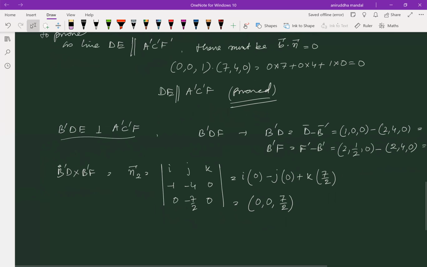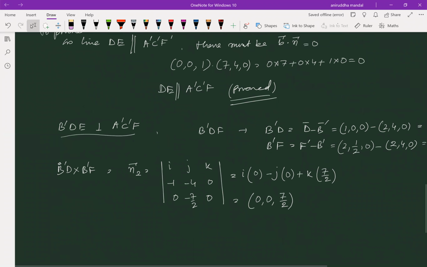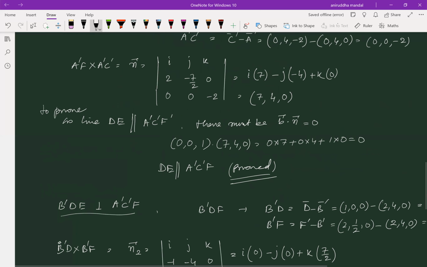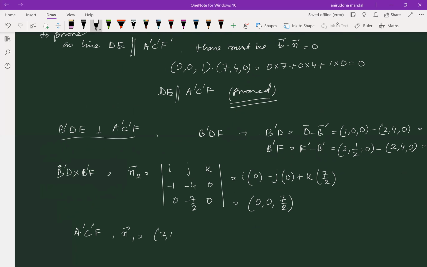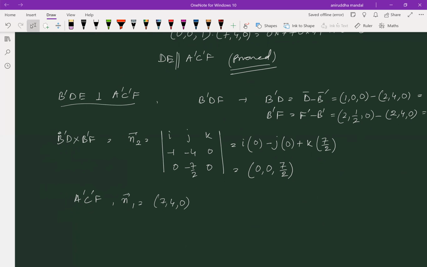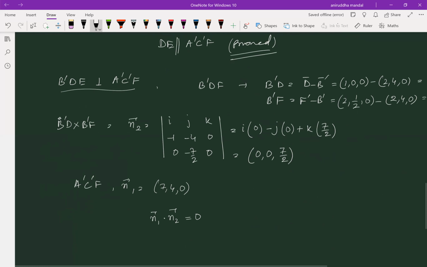Now n1 vector we have already found out. Our first n1 vector is (7, 4, 0). Now for two surfaces which are perpendicular, n1 dot n2 must be 0.